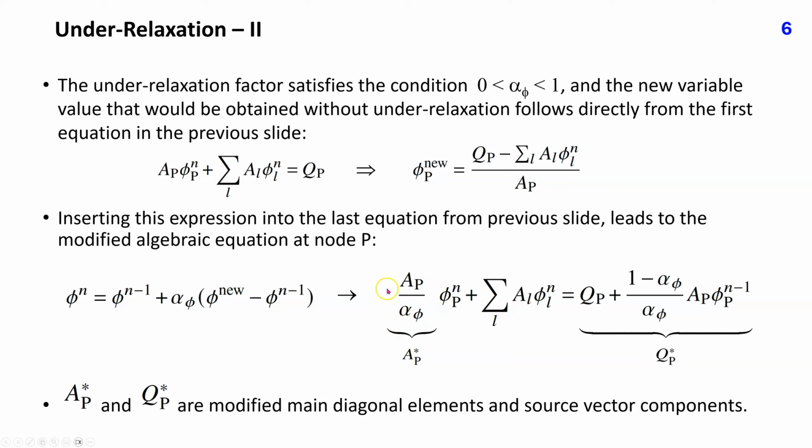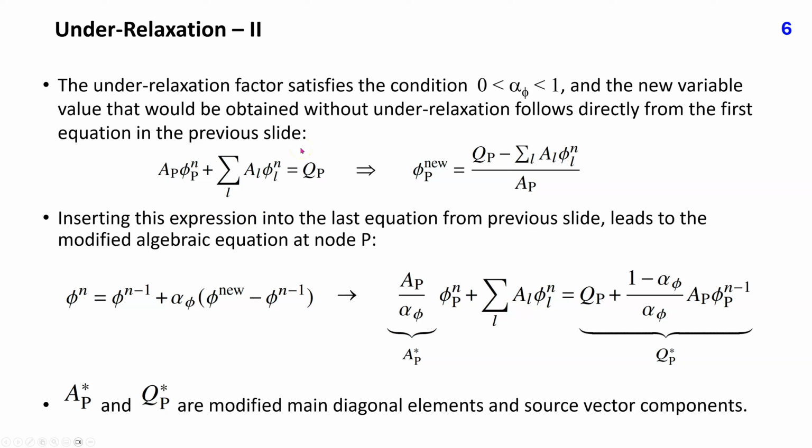A_P star and Q_P star are the modified main diagonal element and source vector component, respectively. Because the original values of A_P and Q_P are no longer needed, the modified values overwrite them, and the modified equation looks the same as the original equation given here.